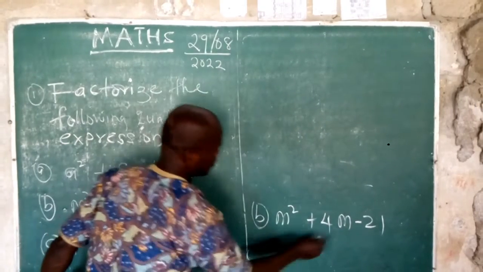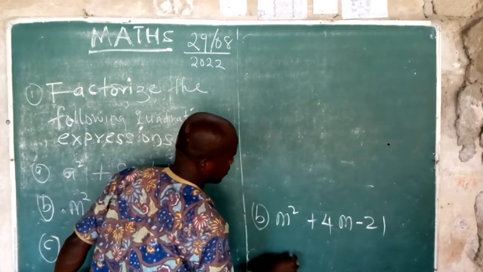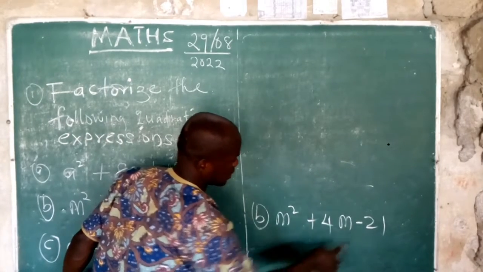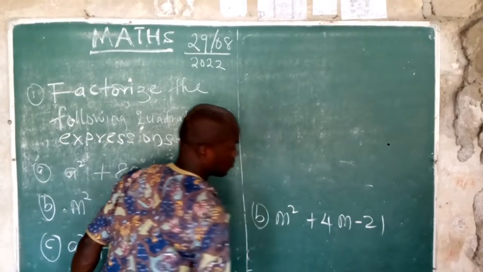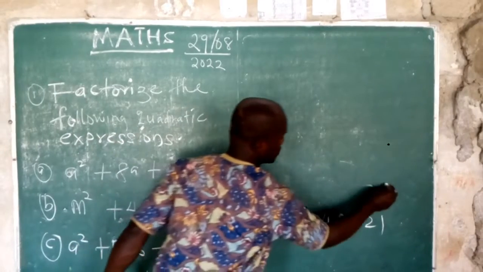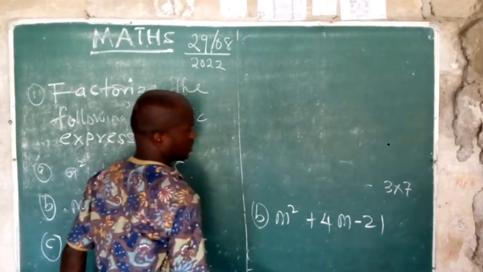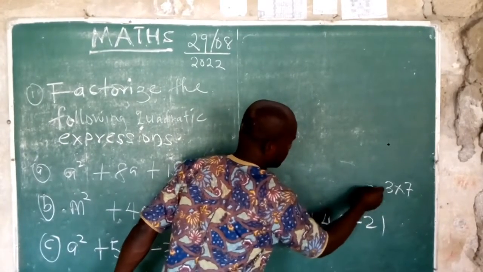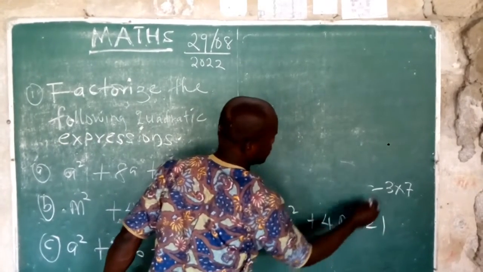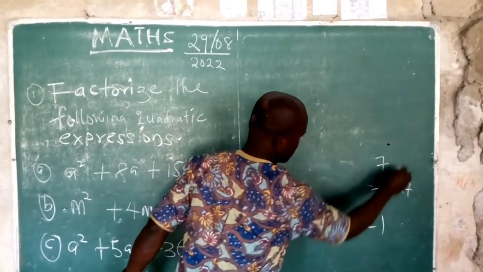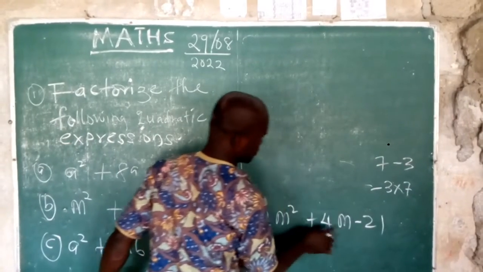This is going to give us two numbers again that can give us this in terms of product. We have 3 times 7 can give us this, right? And then minus 3 times 7 will give us minus 21, and we know that 7 minus 3 can give us 4.